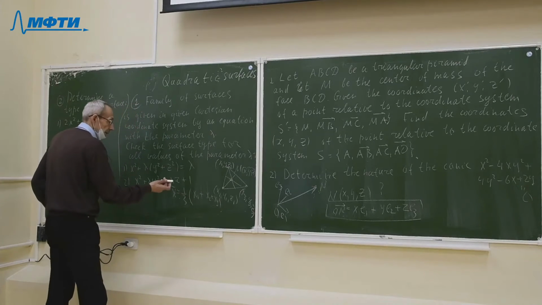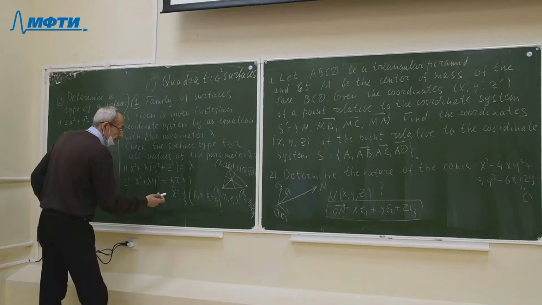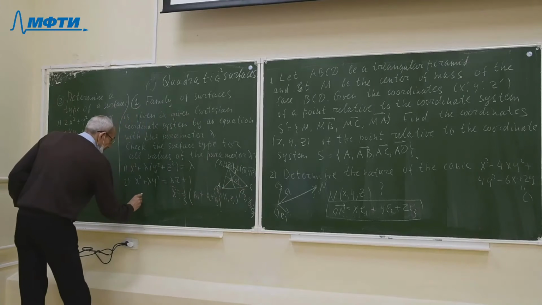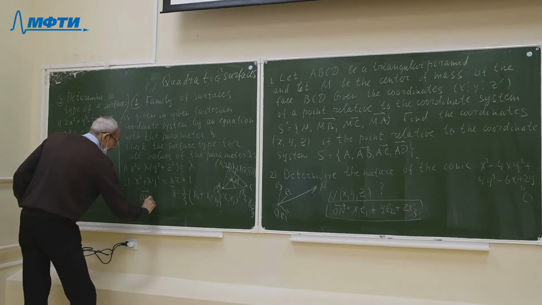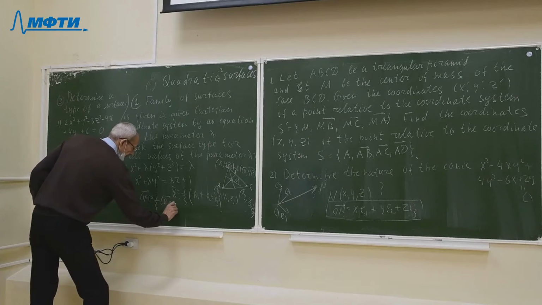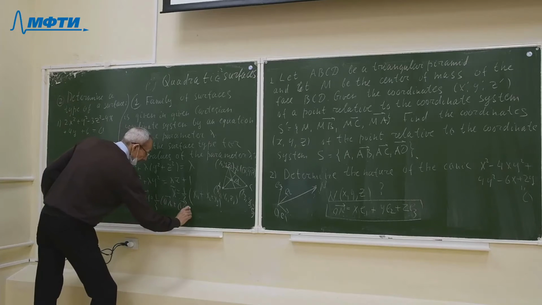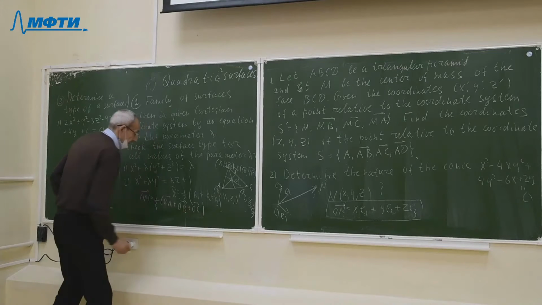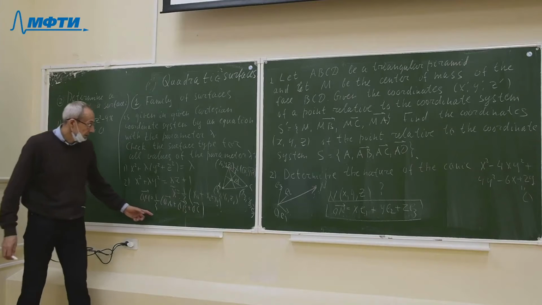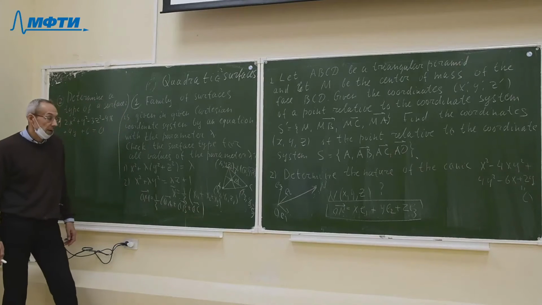This is a consequence of the following fact: for points A, B, C, M, the vector OM is equal to 1/3 of OA plus OB plus OC.